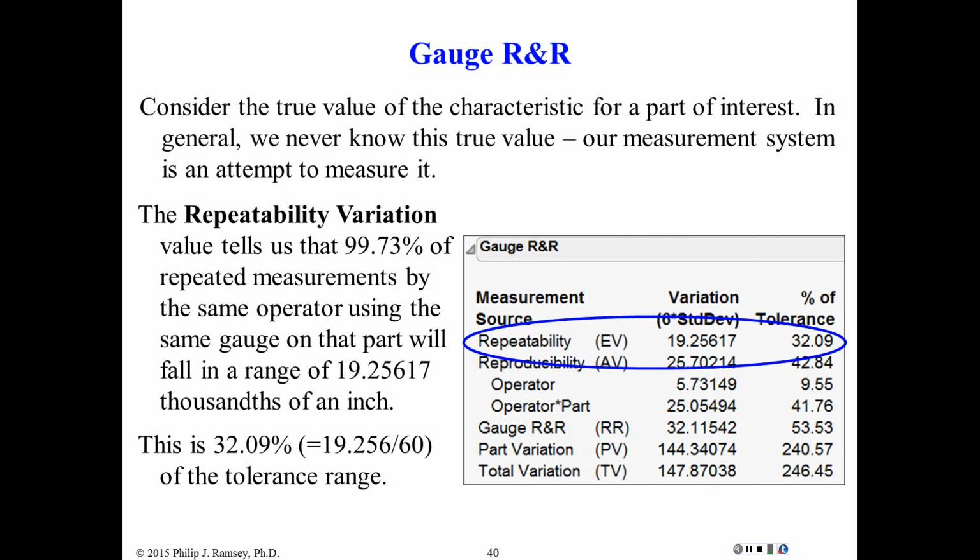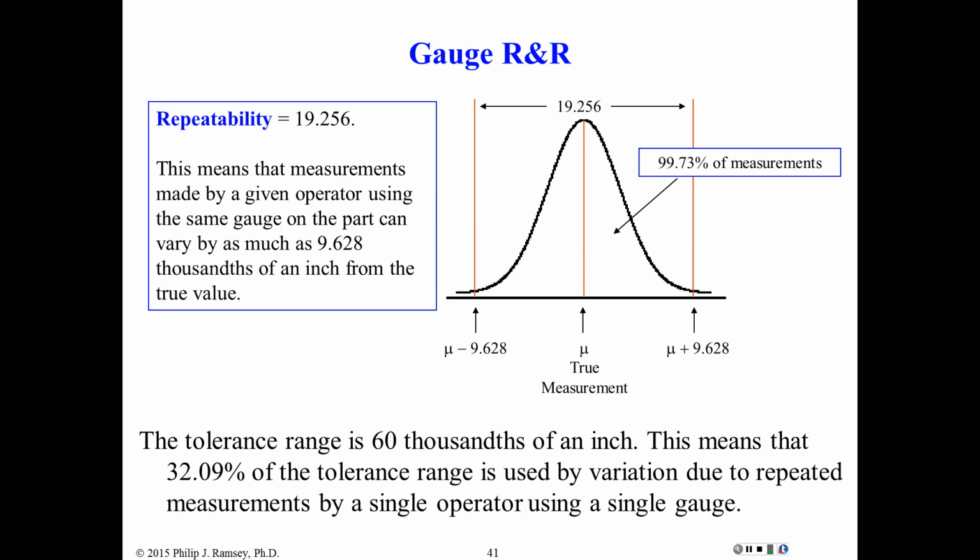Okay, so let's just go forward a little bit and talk about what we mean by the total error. So remember, for a normal distribution, 6 standard deviations represents 99.73% of all possible observations.